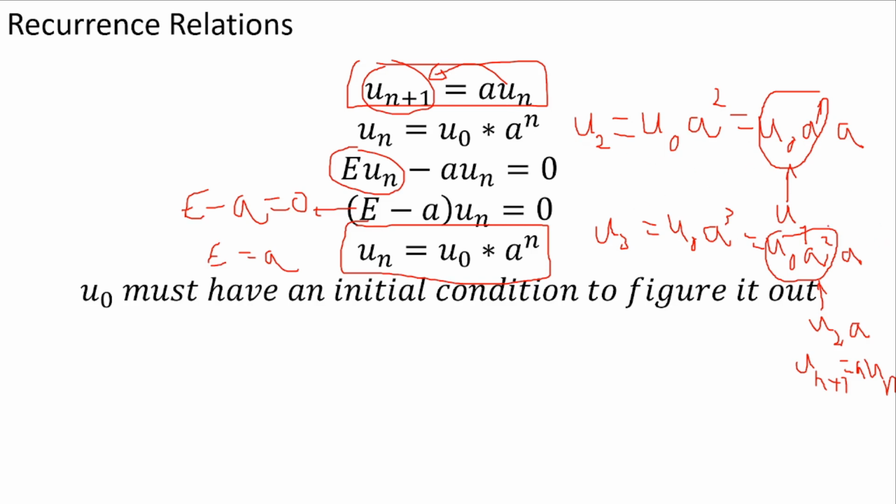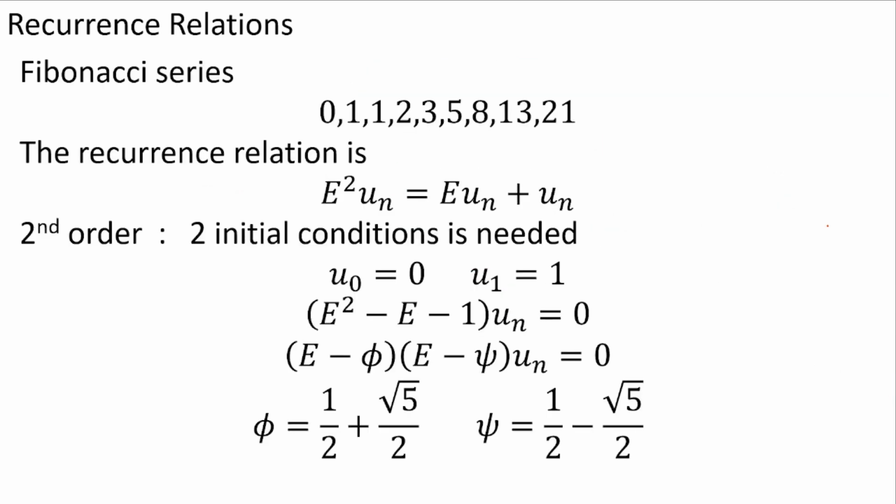We will take a look at an example that is very famous, which is the Fibonacci series. The Fibonacci series is introduced by the first two terms, 0 and 1. Then we have 1, which is the summation of the previous two terms: 0 plus 1 equals 1.